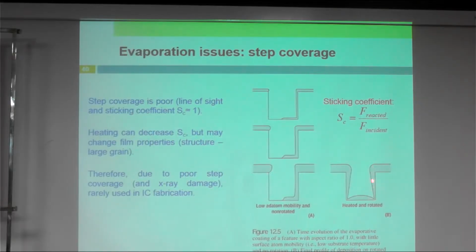But of course, the whole pathway of the evaporated material is just to be covered in this narrow section. That is why you cannot have the same film thickness at the wall of this trench.